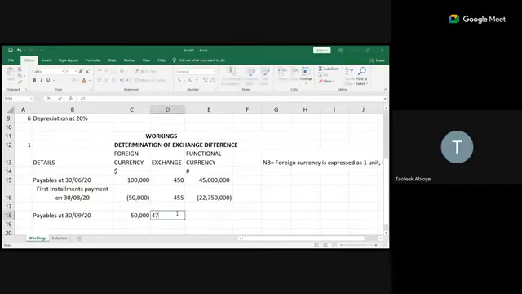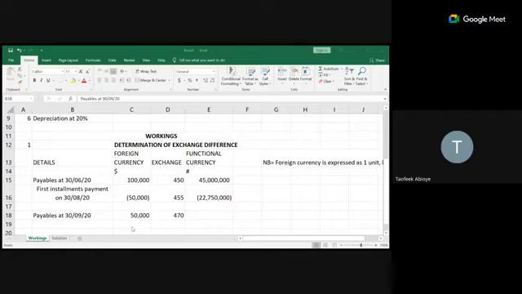And that is what I said the other time, that for the subsequent measurement of a monetary asset, so payables, if you remember, is payable a monetary asset or non-monetary asset? It's a monetary asset. If you check the note very well, when you are measuring a monetary asset as subsequent measurement, we should use the closing rate.